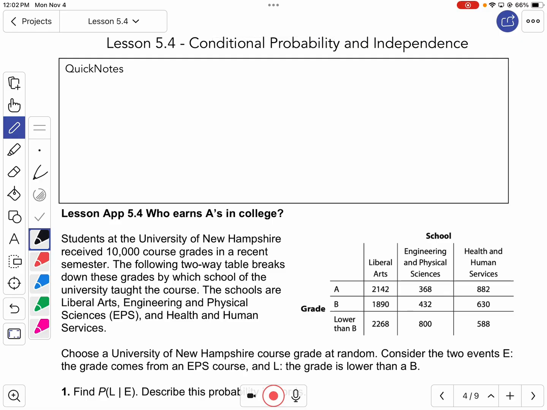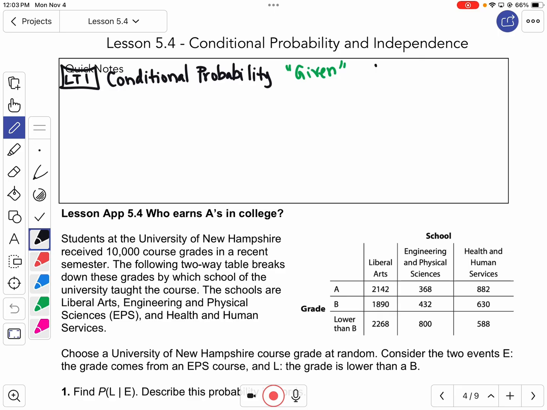All right, let's look at this. Lesson target 1 was all about conditional probability. We know it's conditional when it uses the word given.